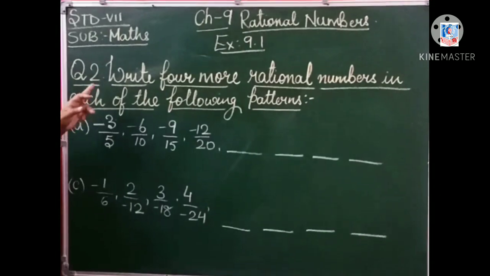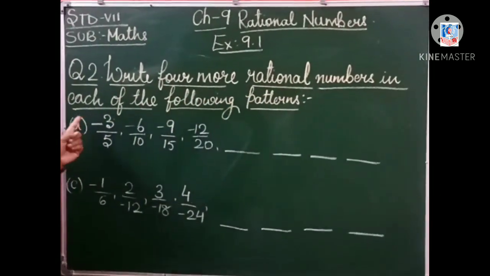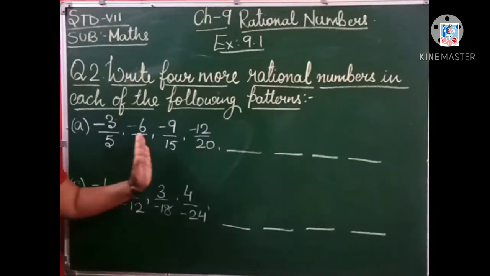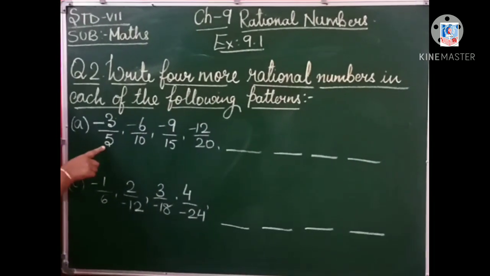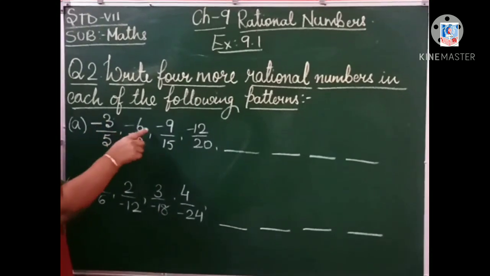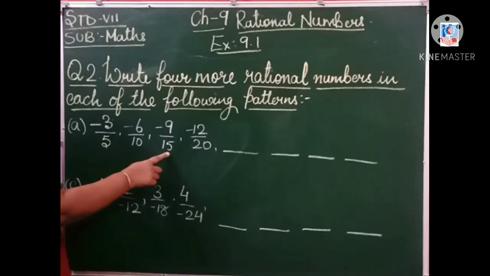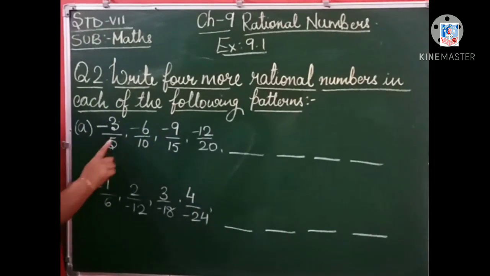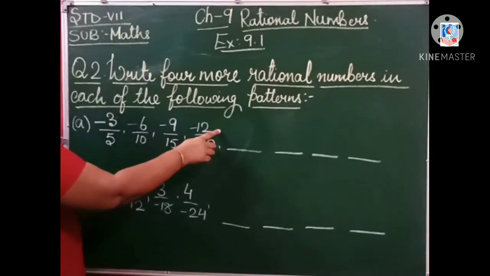Question number 2. Write 4 more rational numbers in each of the following patterns. Now you have to write 4 more rational numbers. Now see what pattern is going on. 5 multiplied by 2 is 10, 3 2s are minus 6. 5 3s are 15, minus 3 into 3 minus 9. 5 4s are 20, and minus 3 into 4 is minus 12.